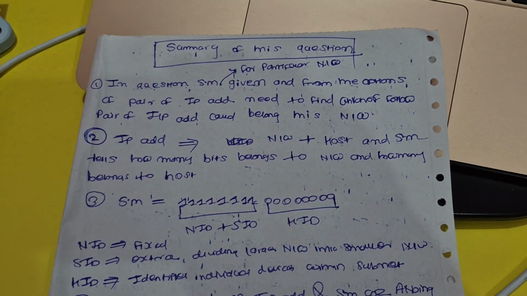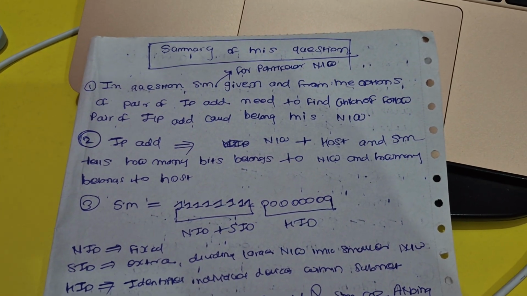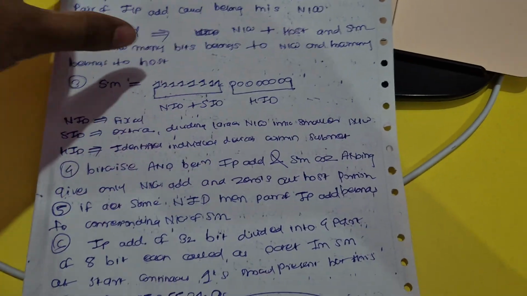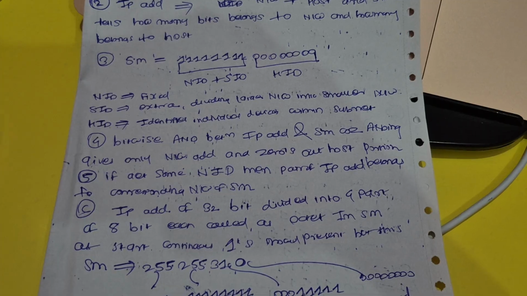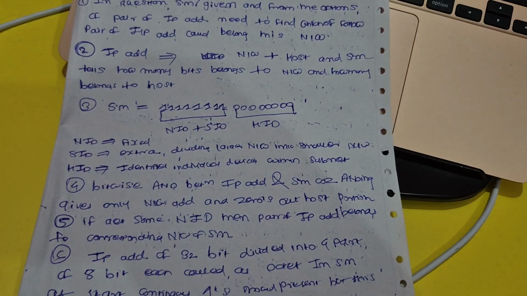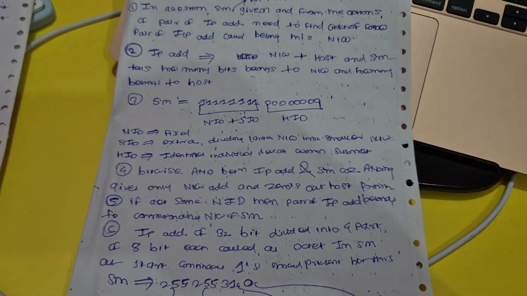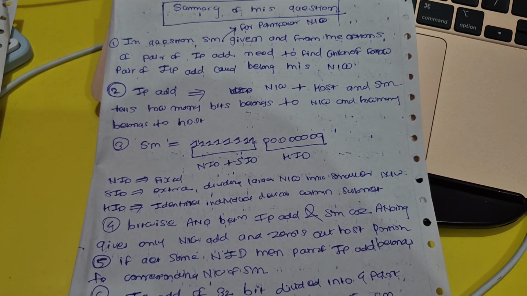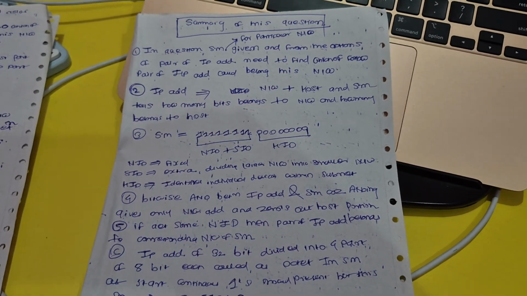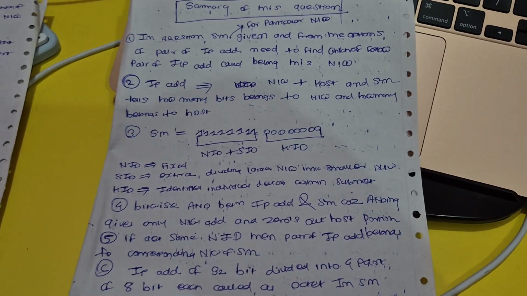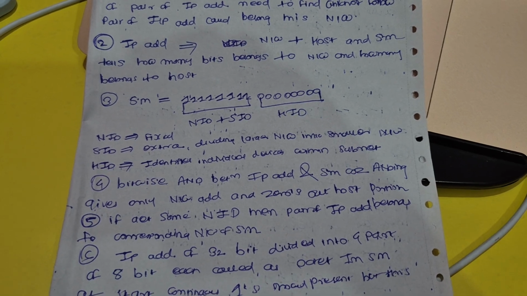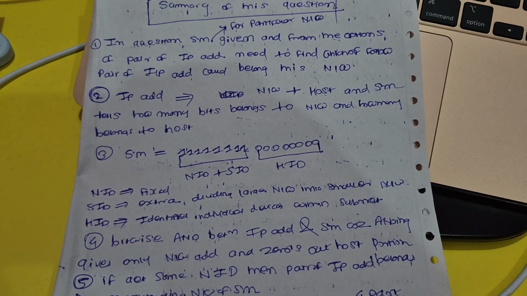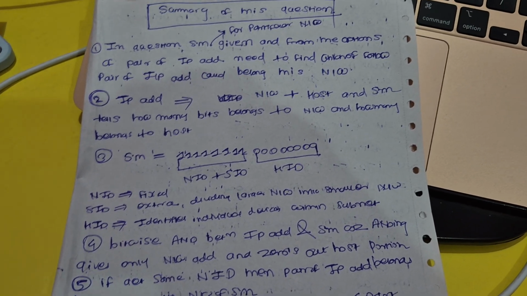To find which IP address belongs to the network, we need to do a bitwise AND between the given subnet mask and the pair of IP addresses. Why bitwise AND? Because ANDing gives only the network address. The AND operation gives one only when both are ones, so it zeroes out the host portion, and since we need to find which network it belongs to, it gives only the network ID.